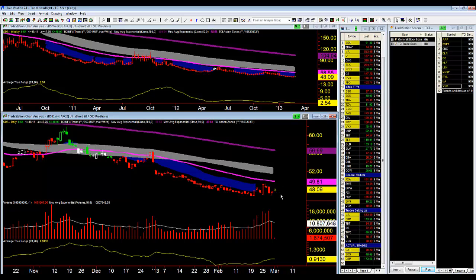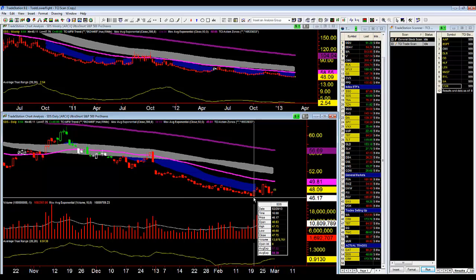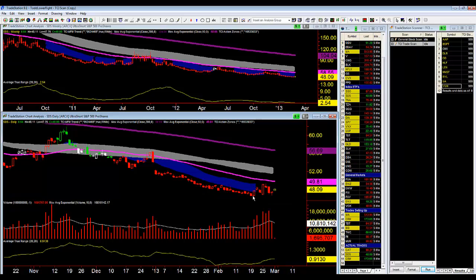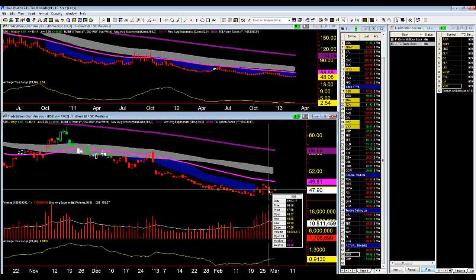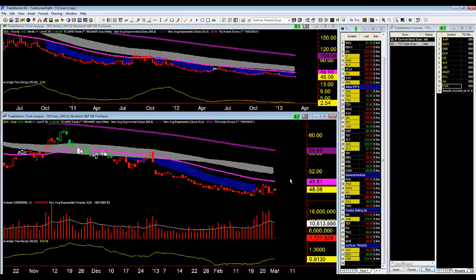Okay, so I moved my stop up from 45.64 to 46.48. And my profit objective, I've adjusted that to 48.60, which is 5 cents below the 27th of February's high right there.